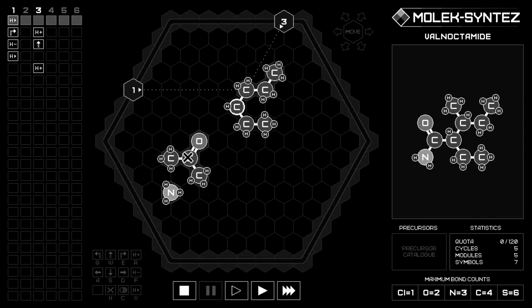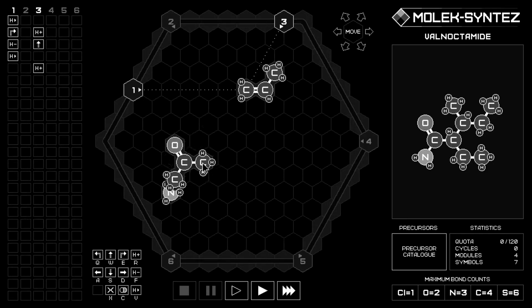What does fixing this look like? Well, I need 2 of the carbons and the oxygen. And the ones that are shaped right are like this, right?